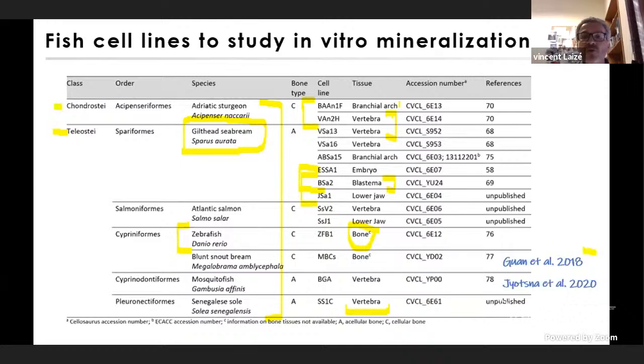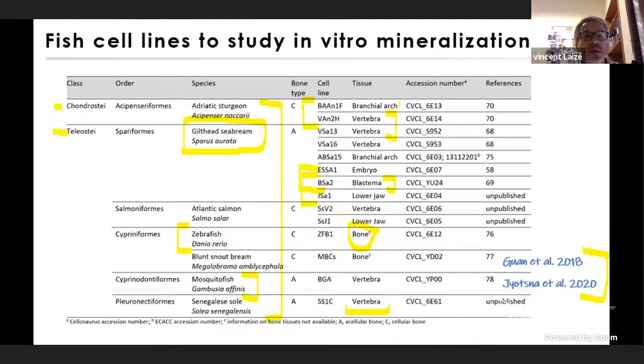Maybe it's also worth mentioning that all these cell lines were developed from the bioscale line, except these two, which are from the blunt snout bream and from the mosquito fish. A special mention for the one from mosquito fish, because it was developed by Paramech, who used to be a postdoc in our lab.